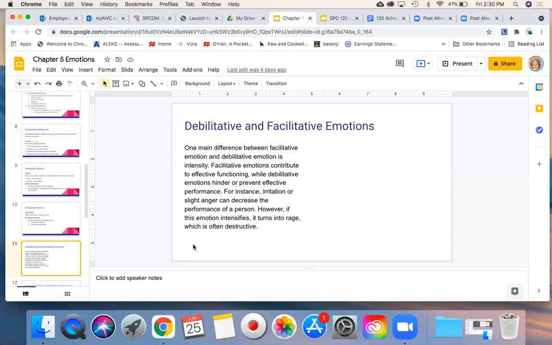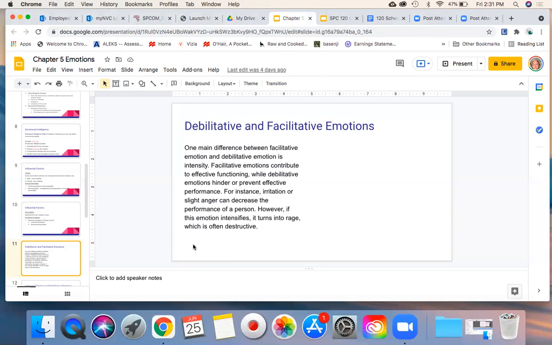to debilitative and facilitative emotions. It starts on the bottom of 158. Okay. All right. So facilitative and debilitative emotions. Okay, one main difference between facilitative emotions and debilitative emotions is intensity.